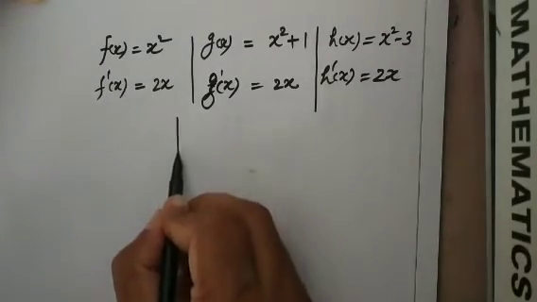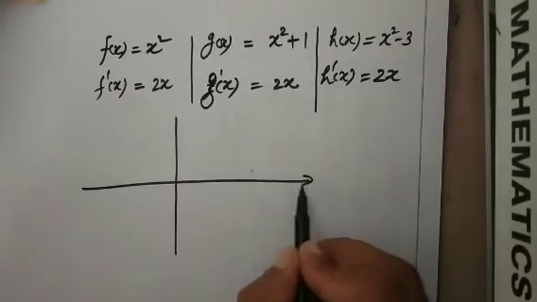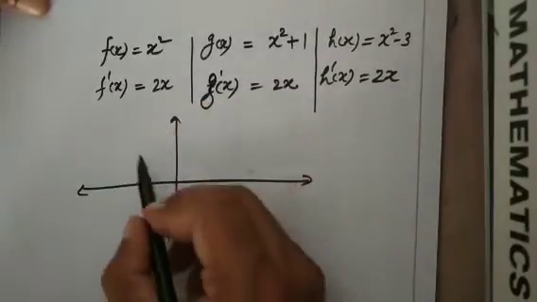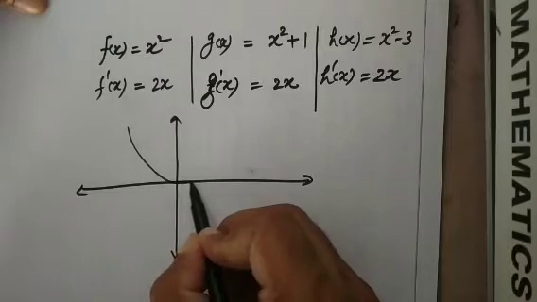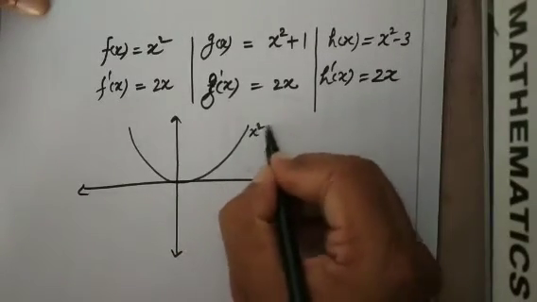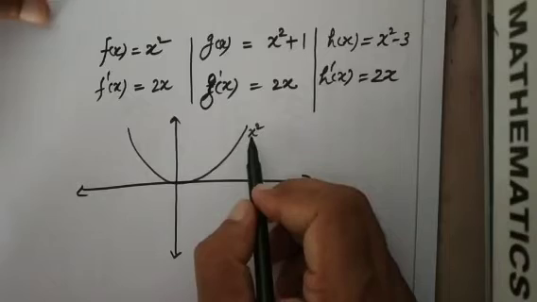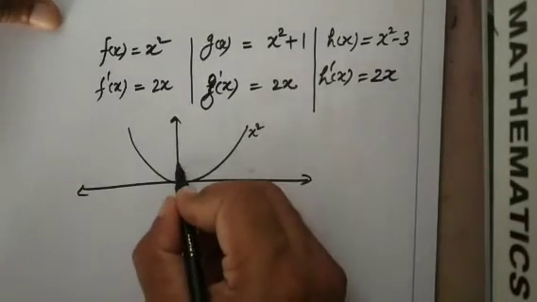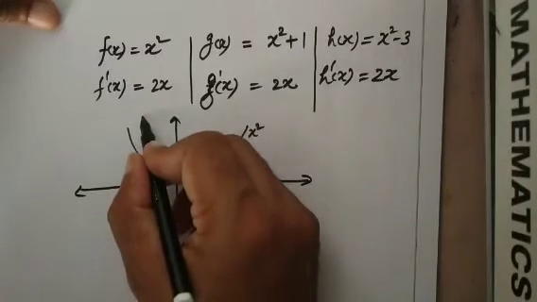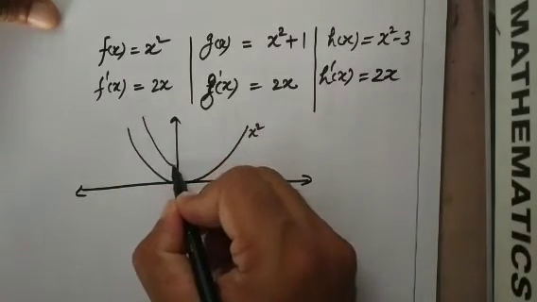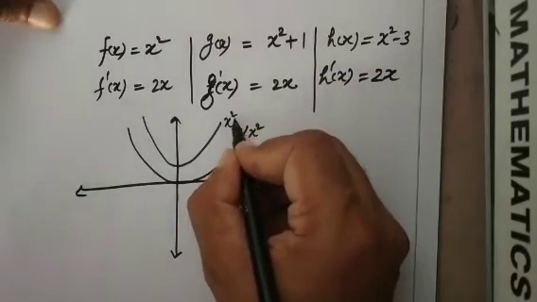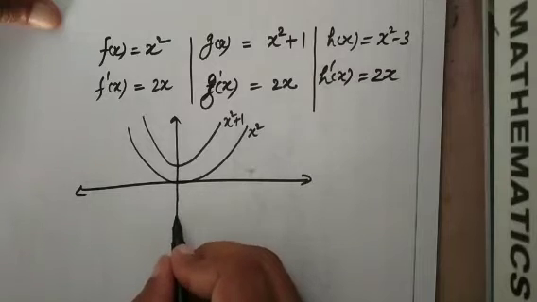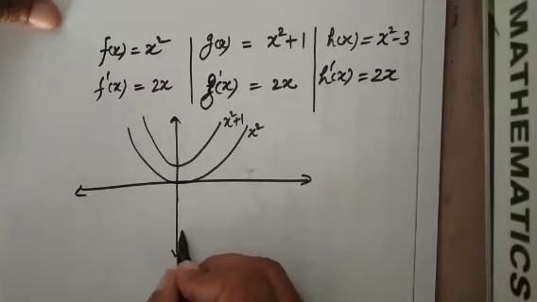If I represent these three functions geometrically, since all three are parabolic curves, x squared is a parabola passing through the origin like this. X squared plus 1 passes through 0, 1. X squared minus 3, the curve h(x), passes through 0, minus 3.